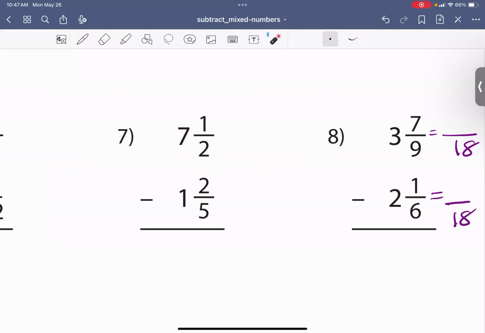So now I divide and multiply. 18 divided by 6 is 3. 3 times 1 is 3. 18 divided by 9 is 2. And 2 times 7 is 14. So we're now going to subtract because the denominators are the same. 14/18 minus 3/18 is 11/18. And 3 minus 2 is 1.